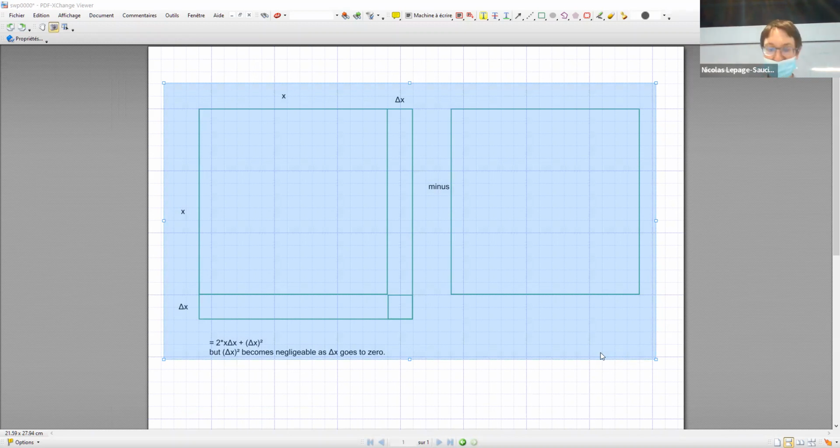Power rule. So here I'm going to spare all of the demonstration, but somebody may know how you would show it for x to the n, whatever n is.